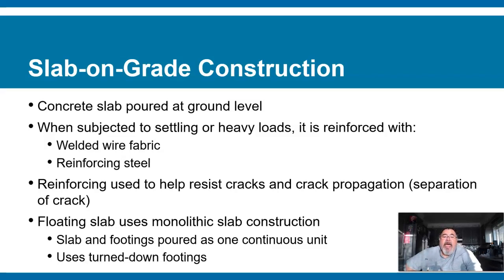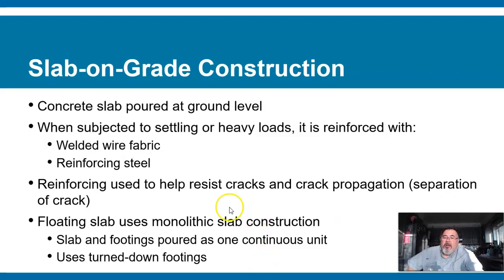And you'd lay that in, a steel wire mesh that you would lay into the concrete to reinforce the slab. You could also put bars of steel, reinforcing steel. Reinforcing steel is used to help resist cracks and the propagation of cracks. So sometimes you get cracks, but they stop once they hit the steel.